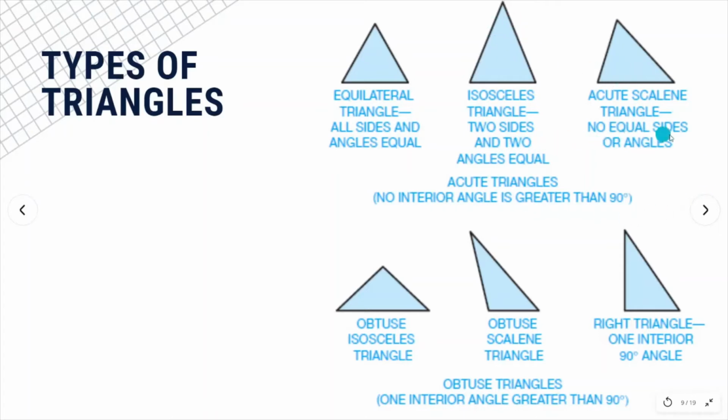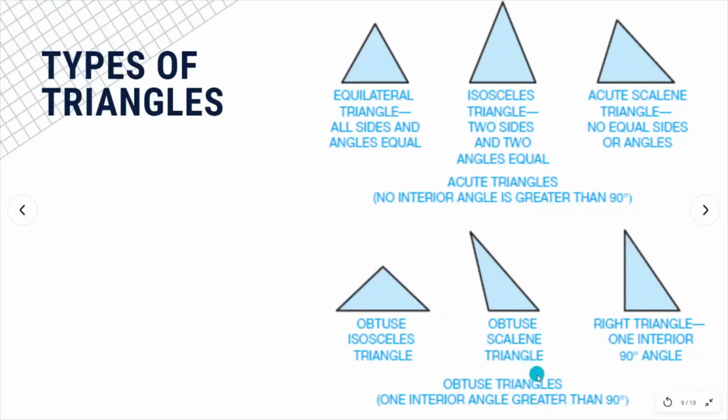So acute scalene triangle has no equal sides or angles. So usually kini ang ginagamit nga case kung magdrawing lang ug freehand. So next is the obtuse isosceles triangle. So naa siyay one interior angle nga greater than 90 degrees.